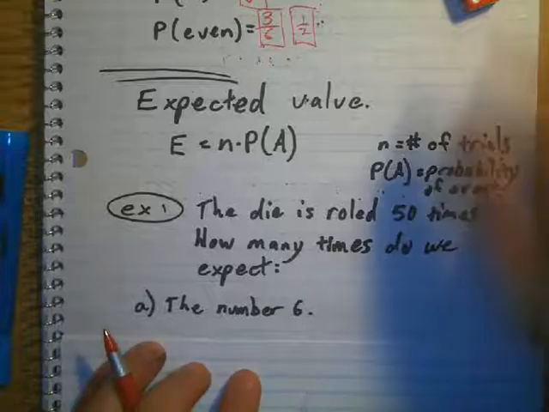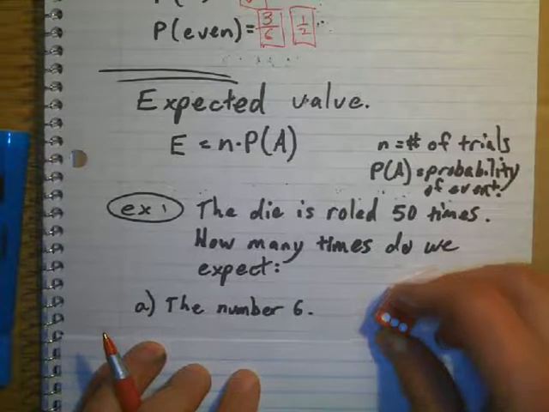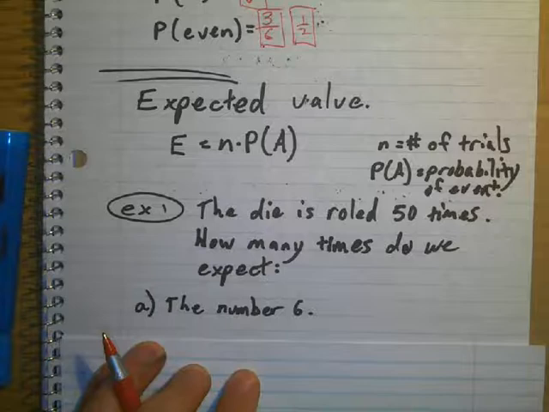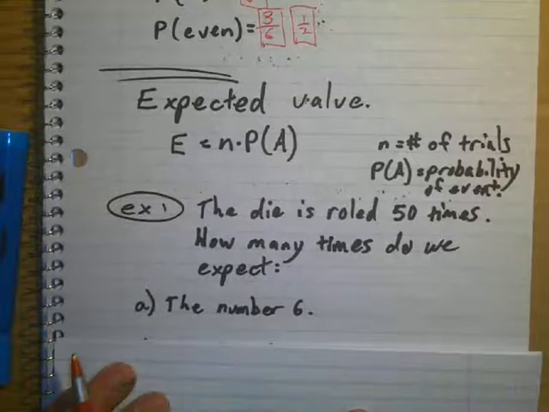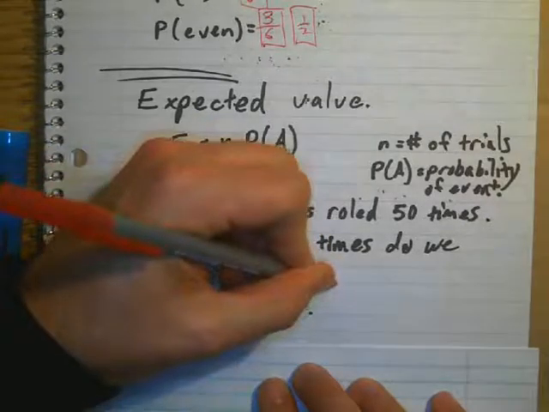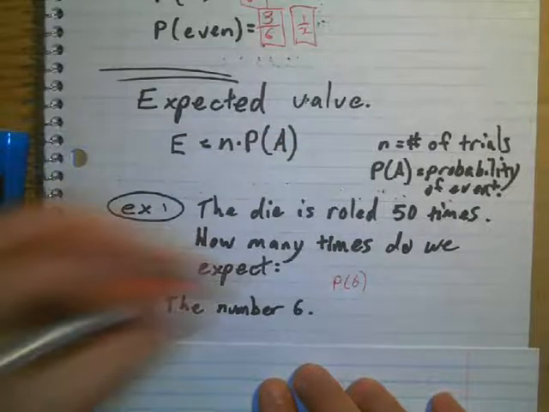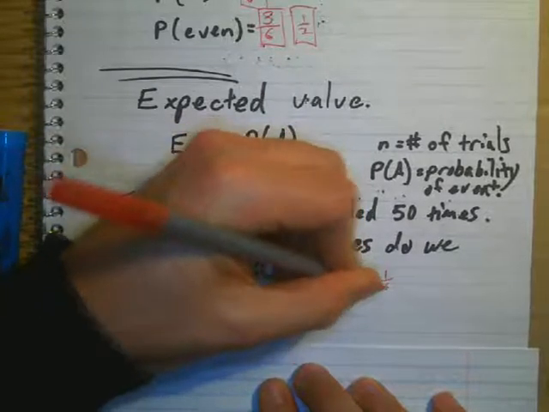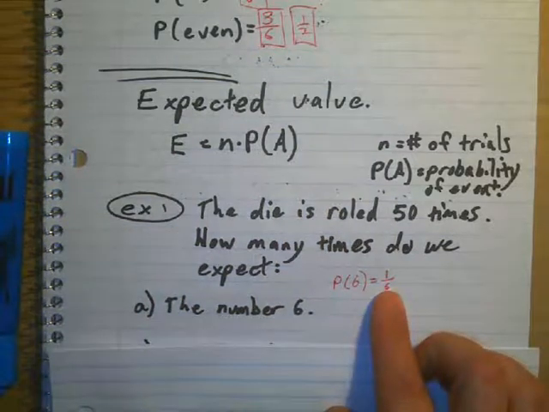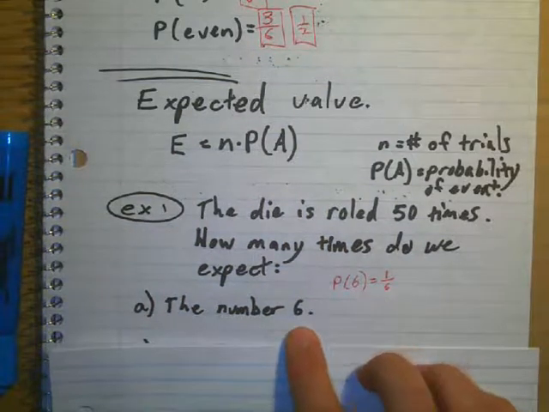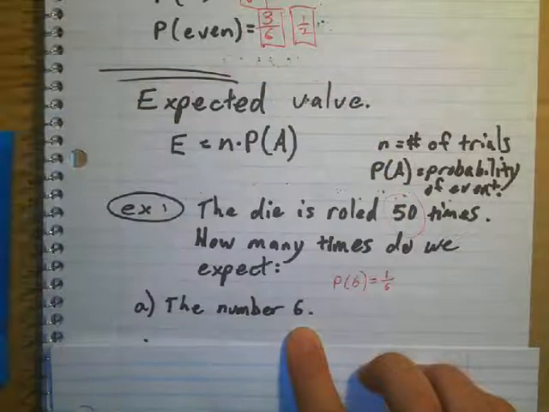Okay, well, how many 6s are there on the die? 1, right? So the probability of getting the number 6 is 1/6, because there's only one number 6 on the die.